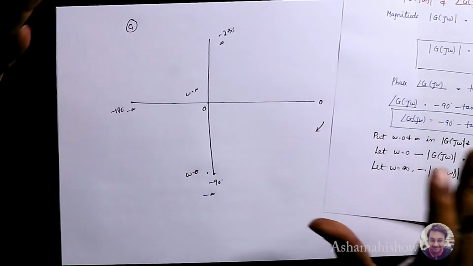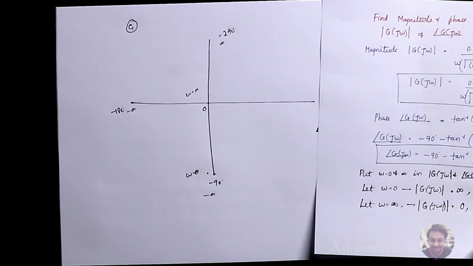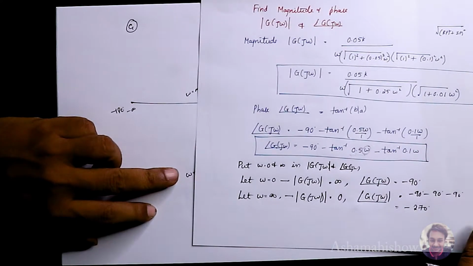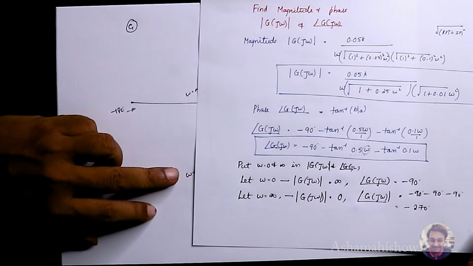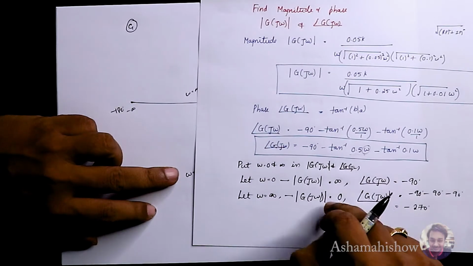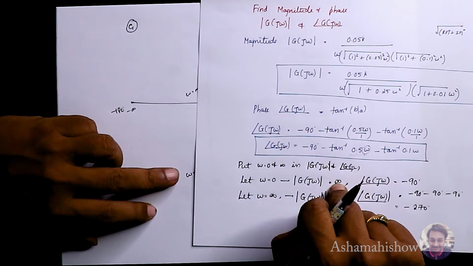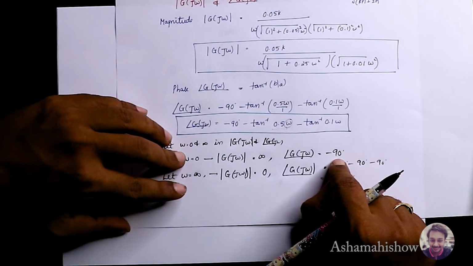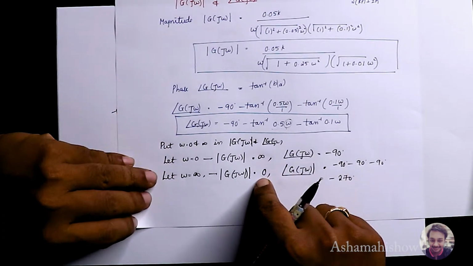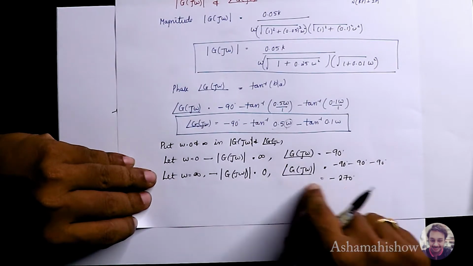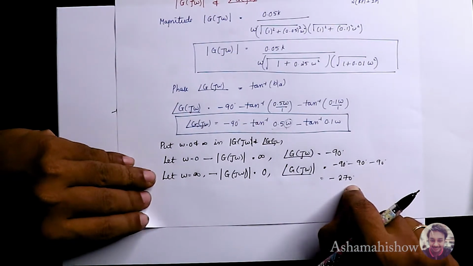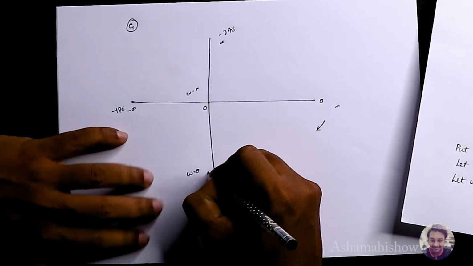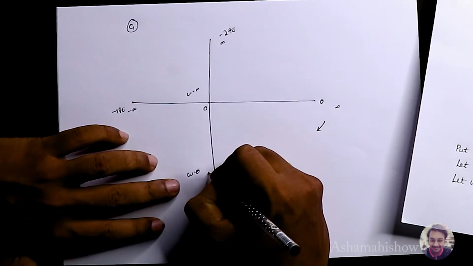This I have clearly told in my previous video also. Your plot starts at infinity and minus 90 degrees, and reaches 0 at minus 270 degrees.